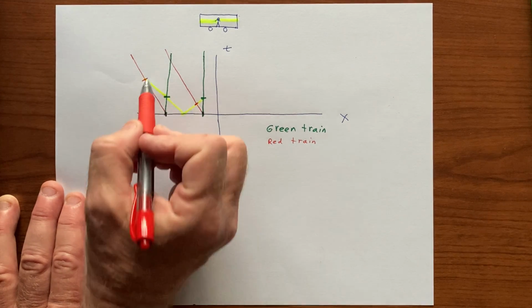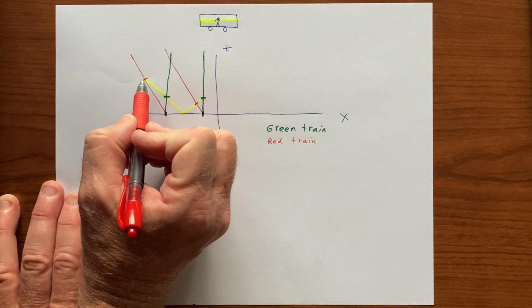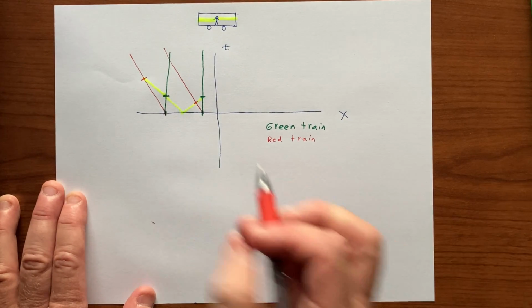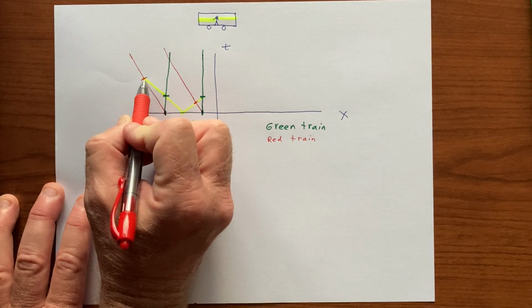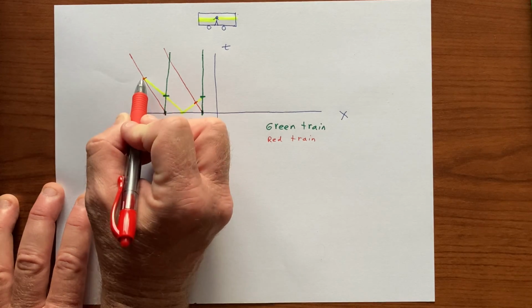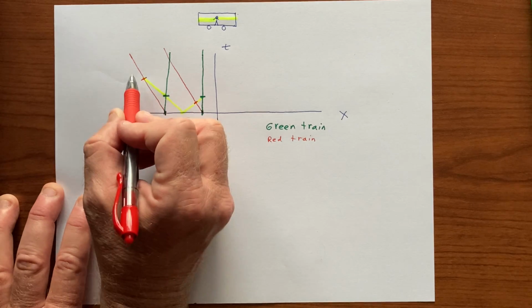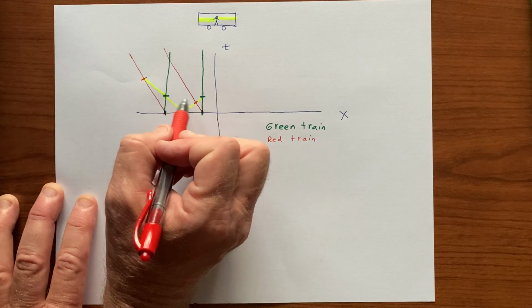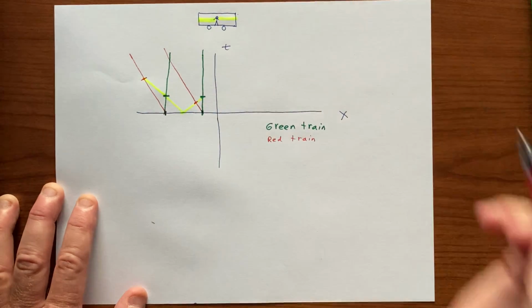But this is a line of simultaneity. From the perspective of the red observer, these two events occur at the same time. That's a line that tilts in the direction of the spatial axis, x bar, whereas this is in the direction of t bar, right?